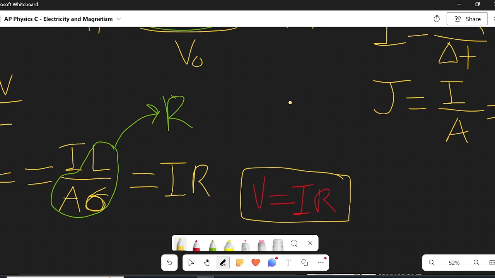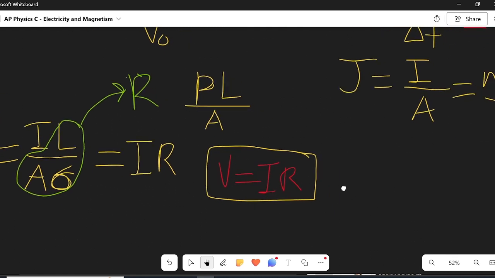Don't confuse this with volumetric charge density. It is the same symbol. So we can replace it like so, moving the conductivity to the top. Resistance has units of ohms and is the property of an object. Resistivity has the units of ohm meters and is the property of the actual material in the resistor.